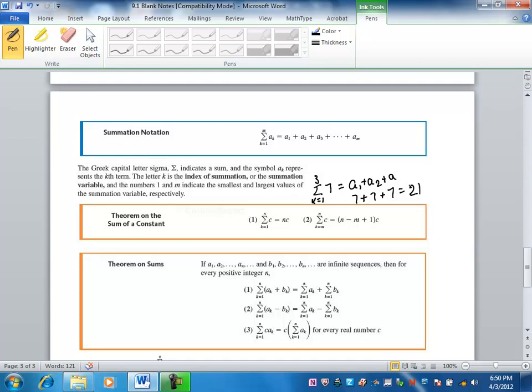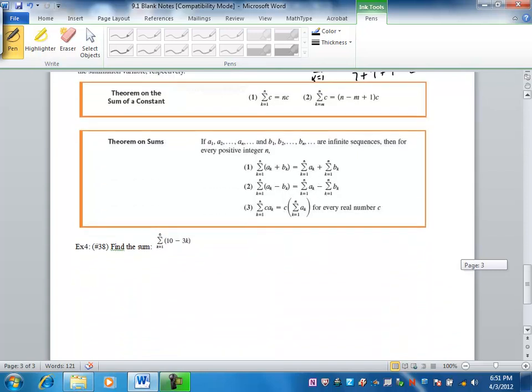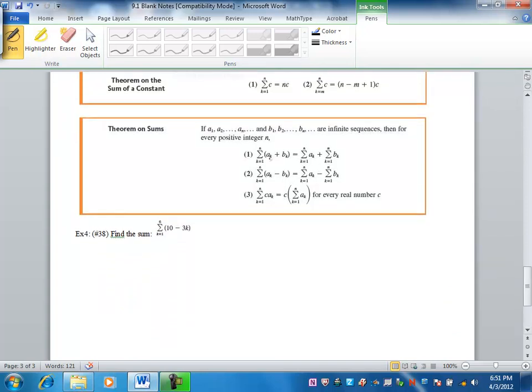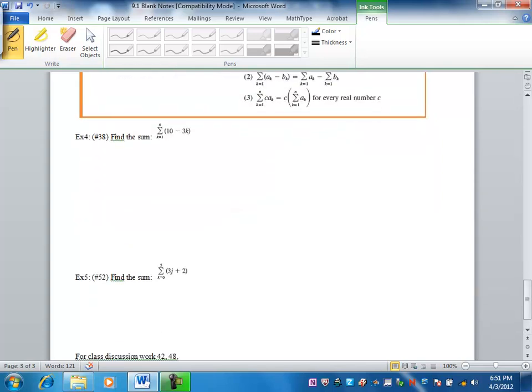Now, if we're going from k equal m to n, in other words, we don't get to start at the beginning, then we're going to subtract m from n, add 1, and then multiply by c. Alright, and we've got some other results here. The sum of two terms is the sum of each of the individual terms. Right now we are keeping our sums very basic, and let's take a look at what we have here.